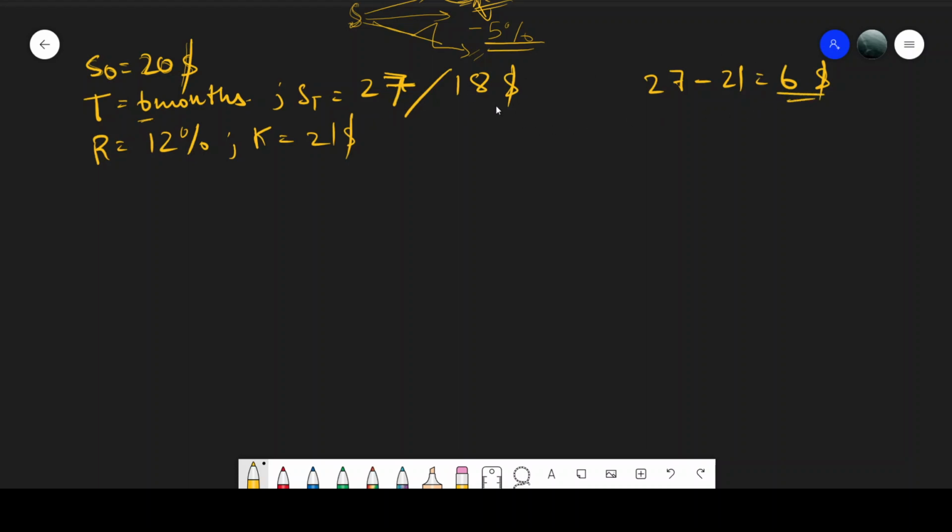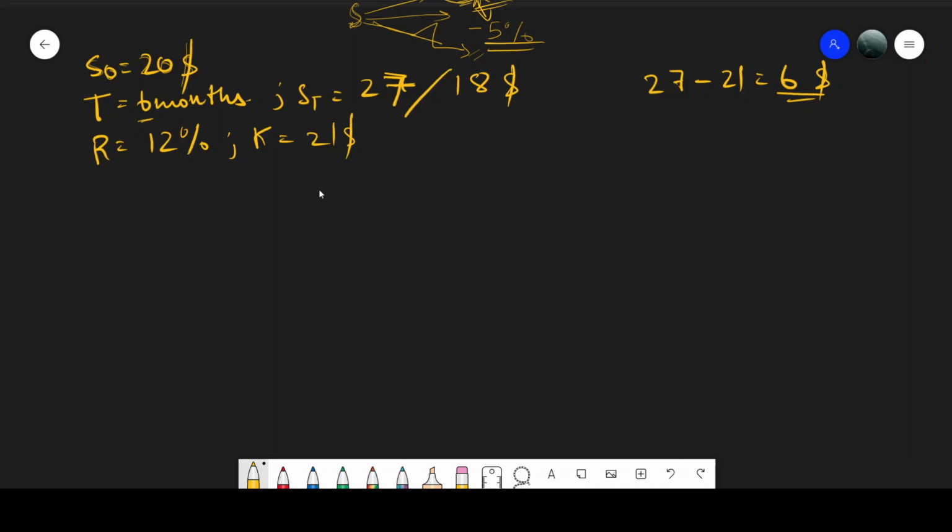Similarly, if it goes down to 18, then I'm not going to buy the stock at all, because why would I buy it at 21 when I can get it from the market at $18? It doesn't make sense. So that's the idea behind a call option.